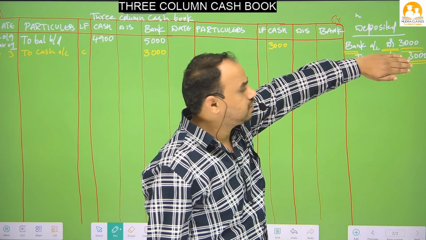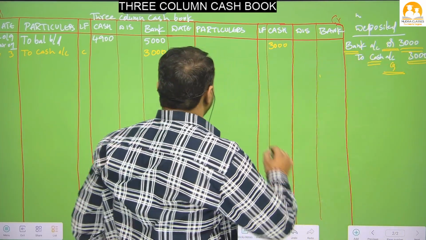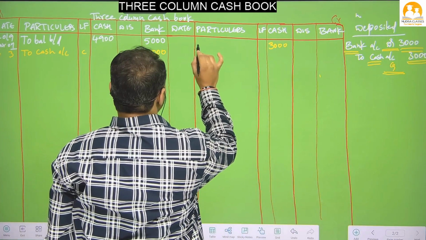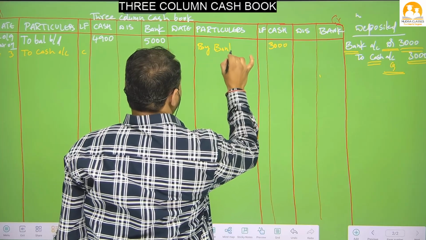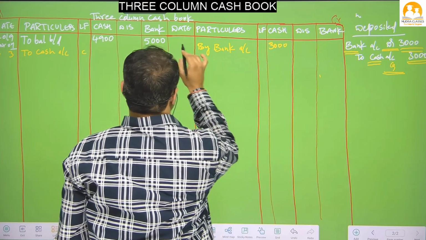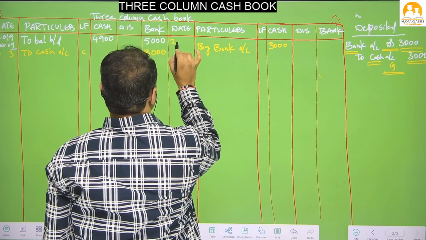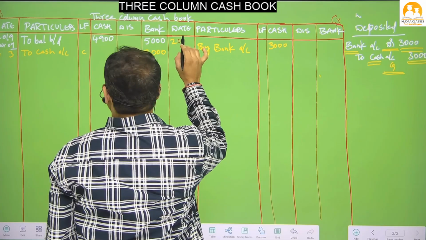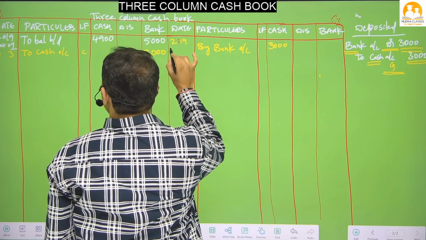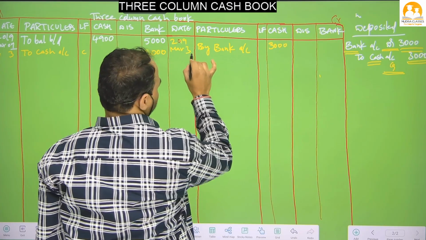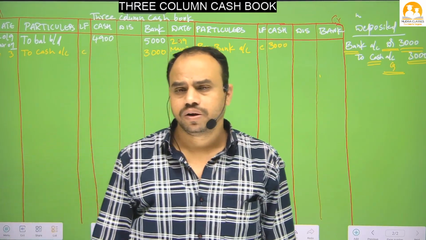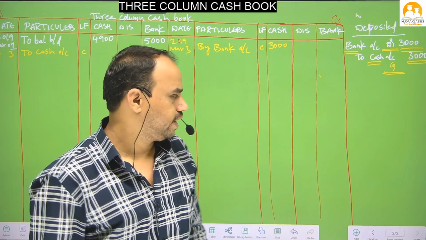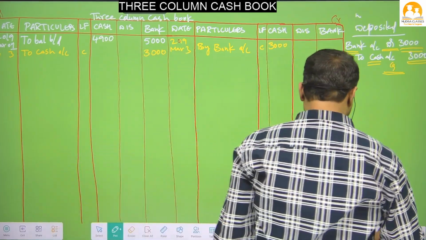Close this cash. What is opposite? Bank. So write down here by bank account. The date is 2019 March 3rd. In the LF column write. Like this we post the 3-column journal entry in the 3-column cash book. Let's see the next transaction.